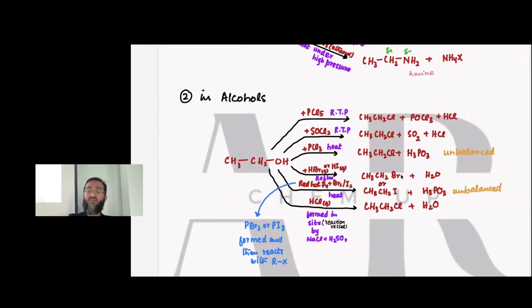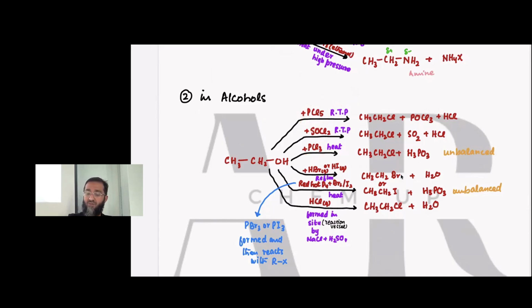One more thing: bromine and iodine are really large atoms, so they won't even form this compound like this because of their bigger sizes. Chlorine is relatively smaller. And if PCl3 is being used, PBr3 and PI3 are not used, because we need to make them in real time since they are unstable.